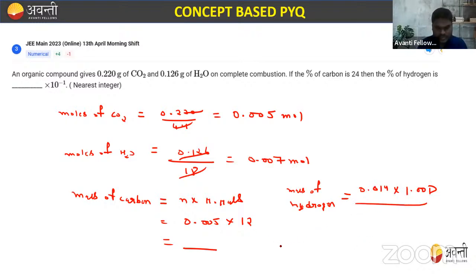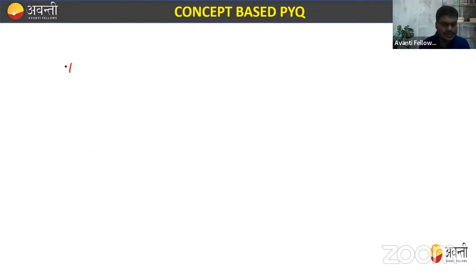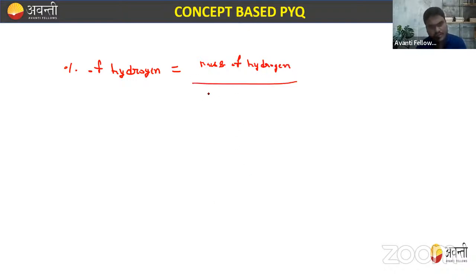Finally, the percentage of hydrogen that we need to calculate. So percentage of hydrogen is nothing but equal to mass of hydrogen divided by total mass of compound. ठीक है?